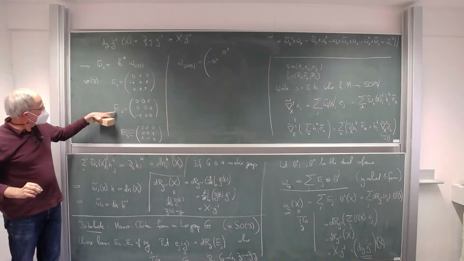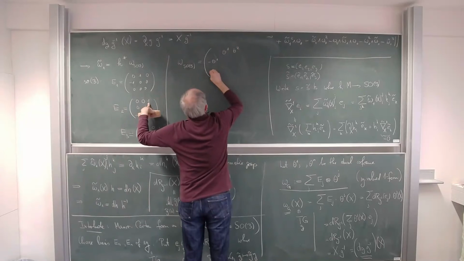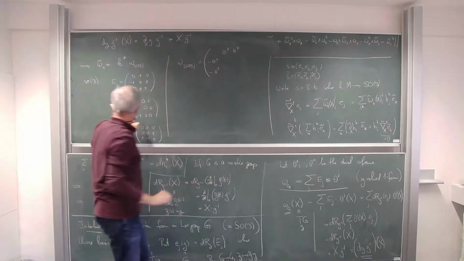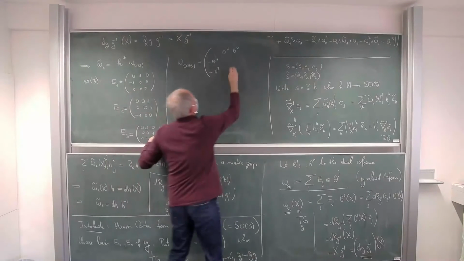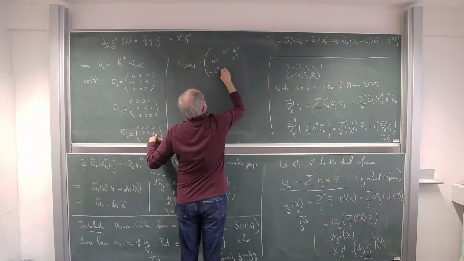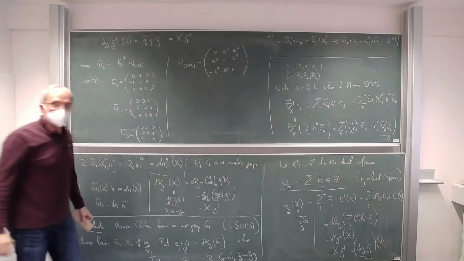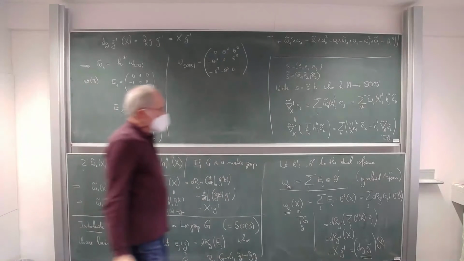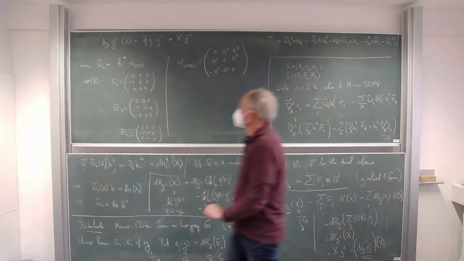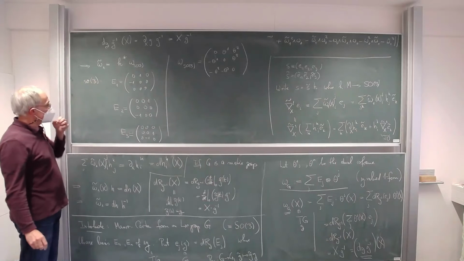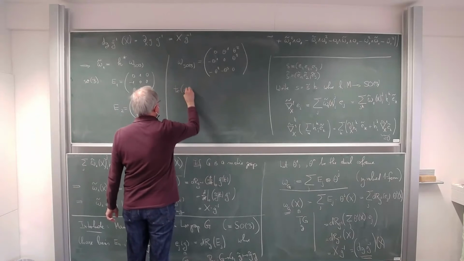And then I have to add E2 times theta 2, which gives me theta 2 here and minus theta 2 here, and zeros for the rest. And E3 times theta 3, which gives me theta 3 here and minus theta 3 here. So that's the Maurer-Cartan form. And that's being pulled back and then being traced. So that's what we're interested in.